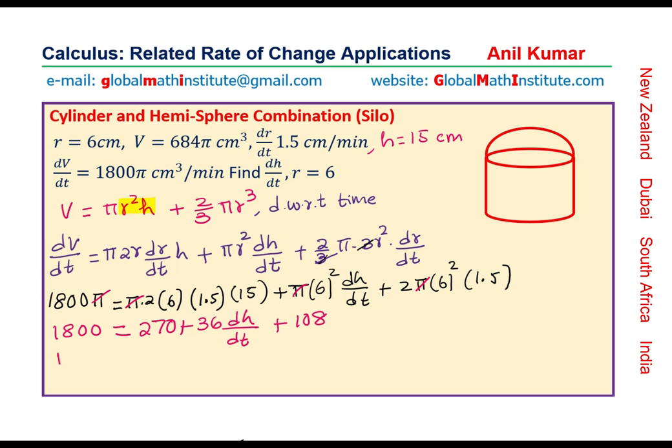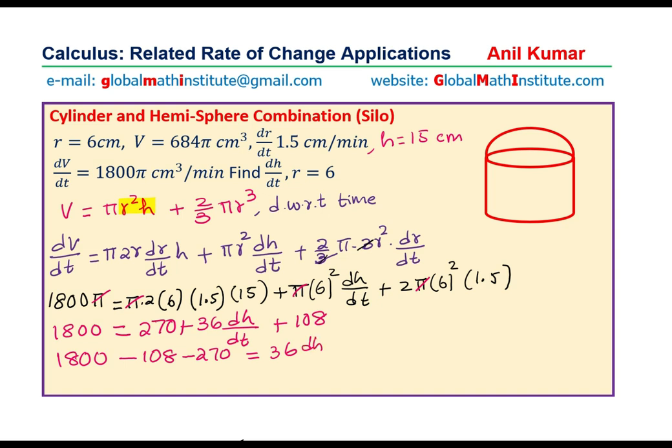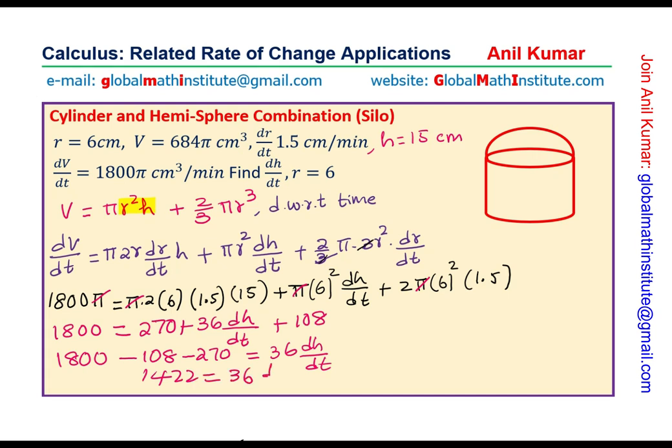So from 1800, subtract 108 and 270. That will give us 36 dh/dt, correct? So this is 1800, take away 108 and take away 270. That gives us 1422, which is 36 dh/dt.